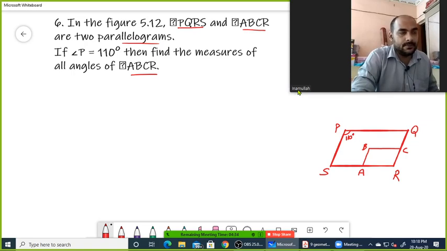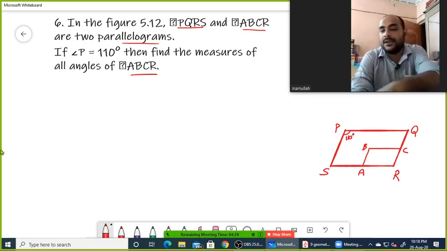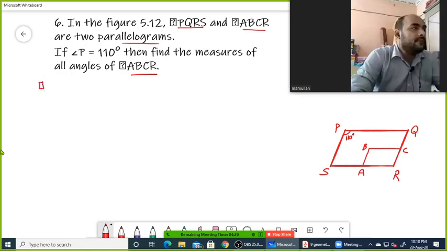So we need to find all four angles of this quadrilateral ABCR, which is again a parallelogram. It is already given that quadrilateral PQRS is a parallelogram.